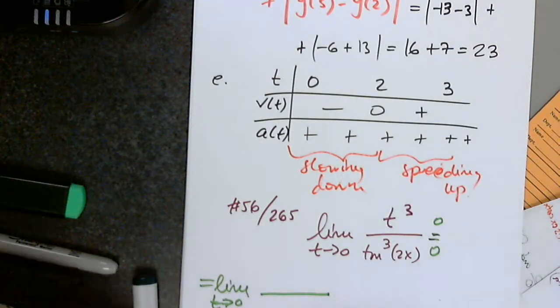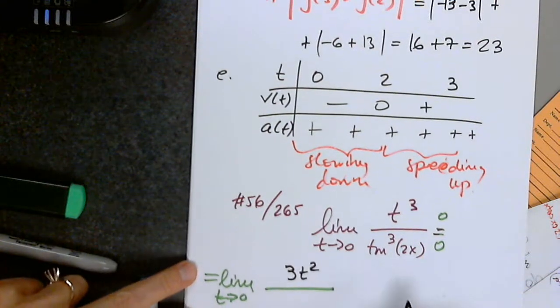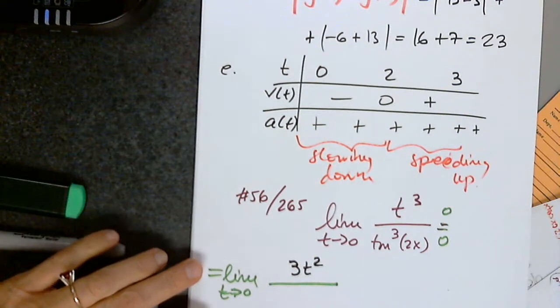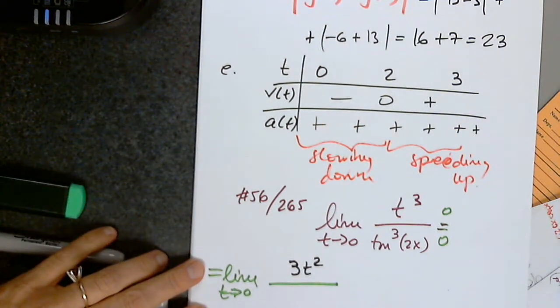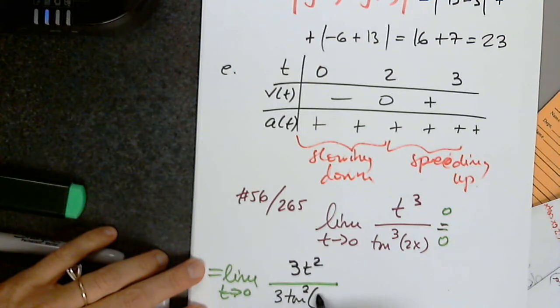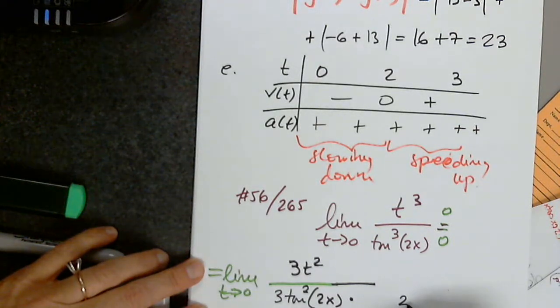So then the top prime would be 3t squared, and the bottom will be, yes, tangent squared of 2x times, not yet, I still have something till I get to 2.